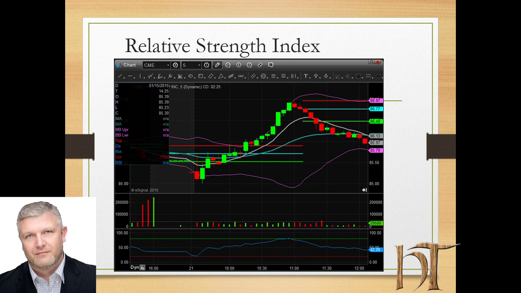But we do have this move that's very extended. It's extended on the RSI. We get to here, it's peaking up at the 80 level, and we just start to pull back. So in this case, it's not the perfect Bollinger Band example.